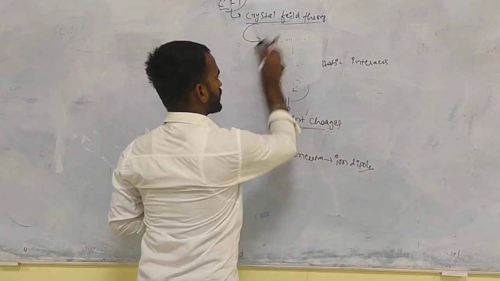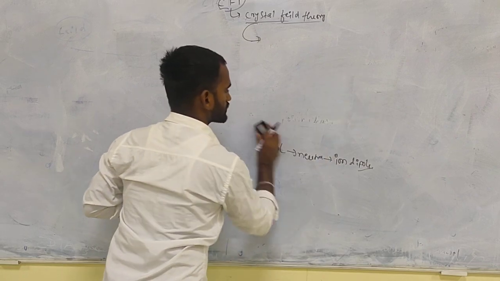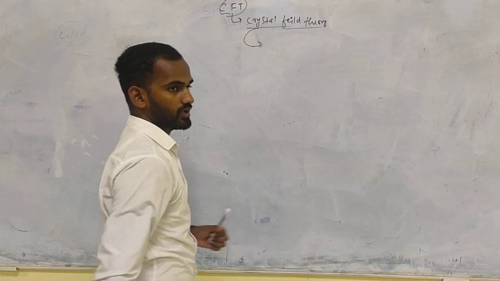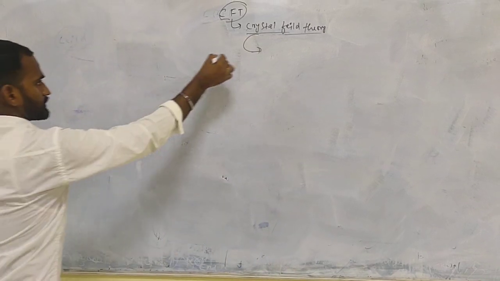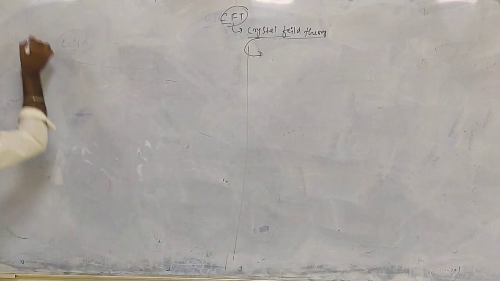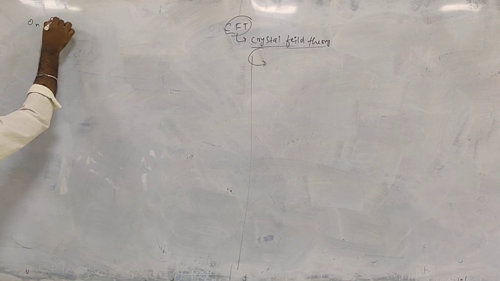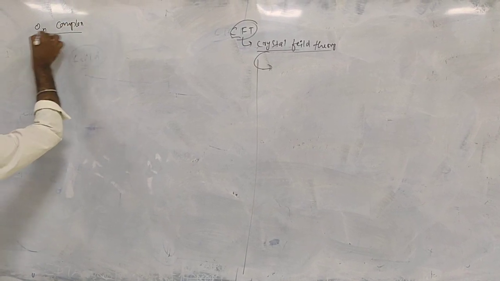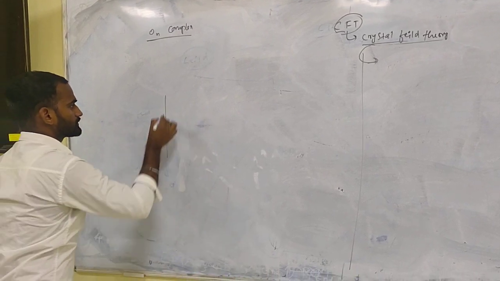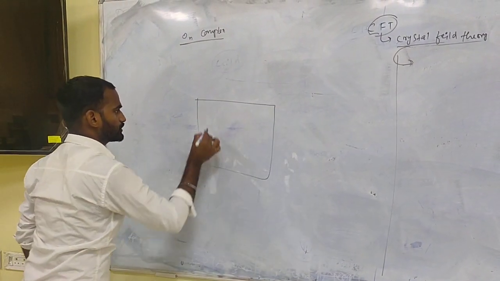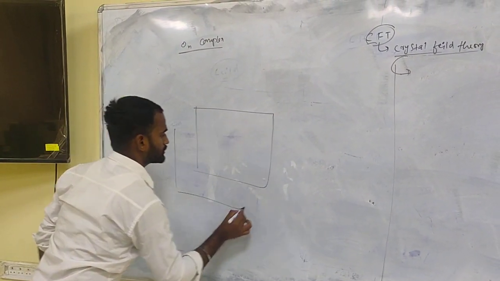So let us enter into the octahedral complex, and see how the octahedral complex is going to form. In this one, consider a cube.